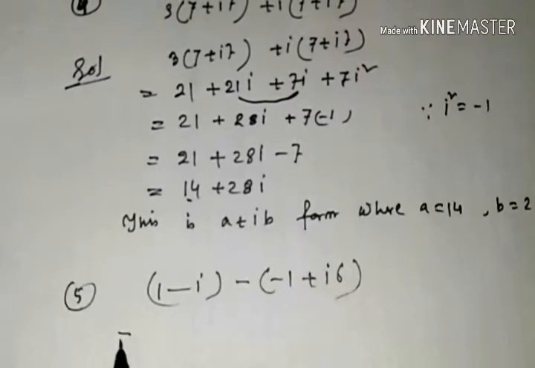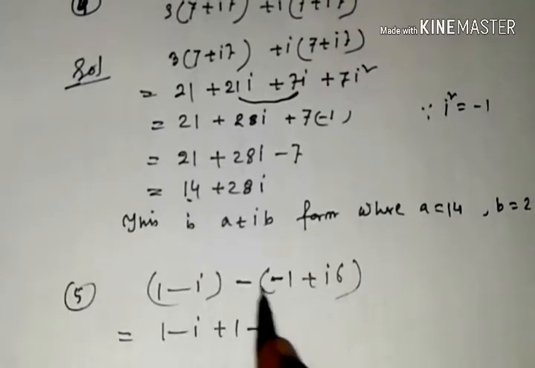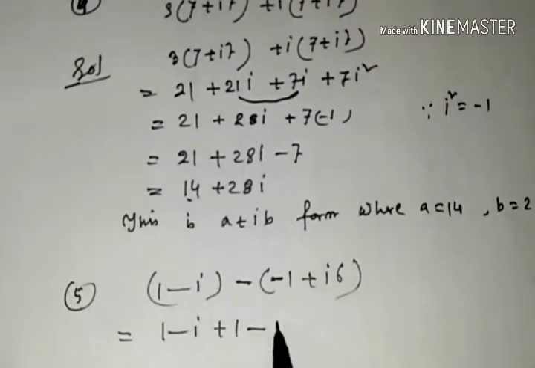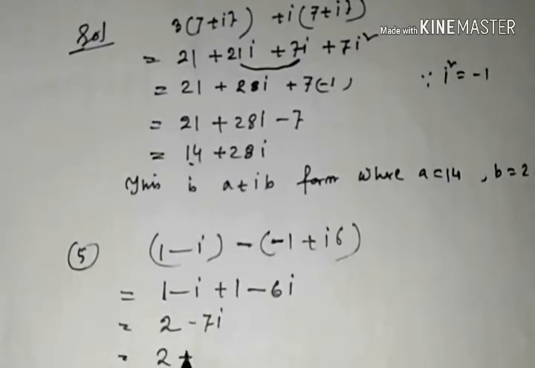Therefore, this can be written as 1 minus i, and minus minus is plus 1, and minus i6, or we can write it as 6i. There is 1 and 1 real, therefore 2, minus i minus 6i, that is minus 7i. That is, we can write 2 plus i into minus 7. That is A plus iB form.